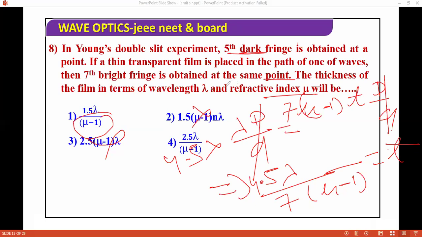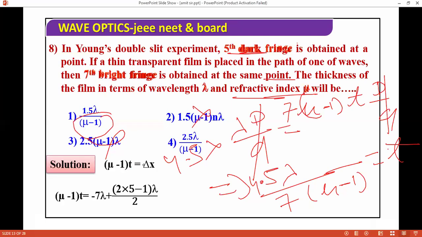Okay, so that's the thing for the field of supervision. 5, 6, and here it's in 4.